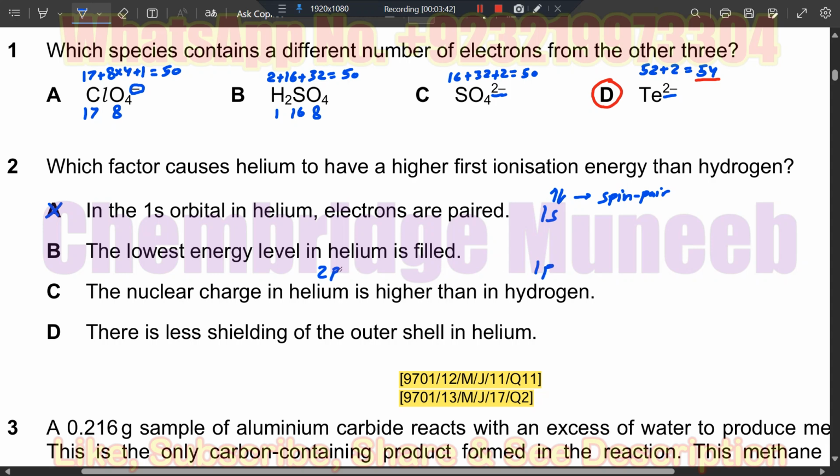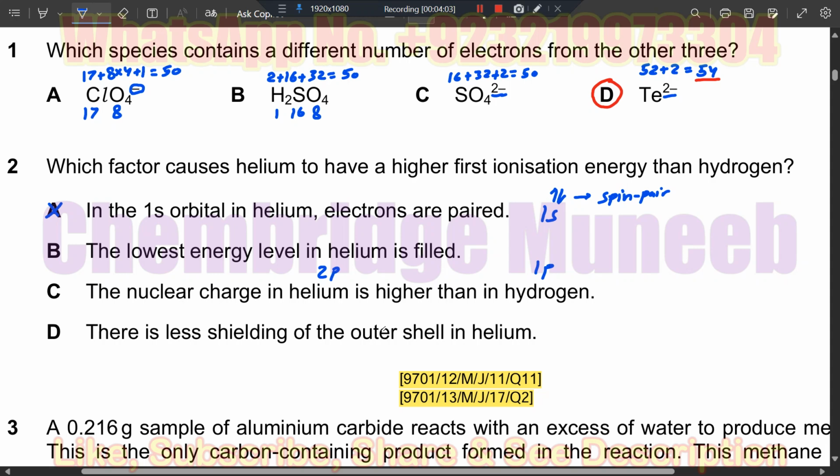So more protons mean more nuclear charge, and it has higher attraction for the valence electron. So because of higher attraction of 2 protons with 2 electrons in case of helium, this accounts for the higher ionization energy.